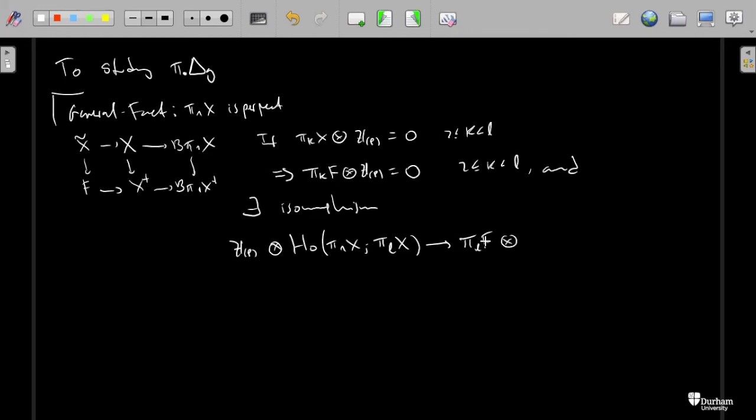So this is telling you how, when you localize, to detect the first non-trivial homotopy group up to torsion, P torsion in this case.